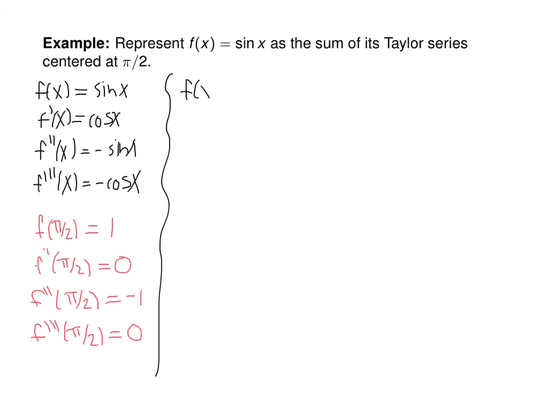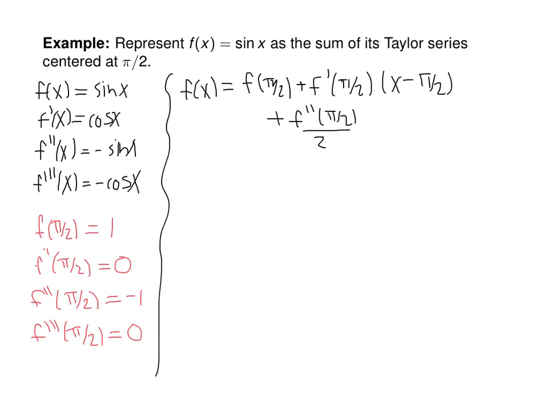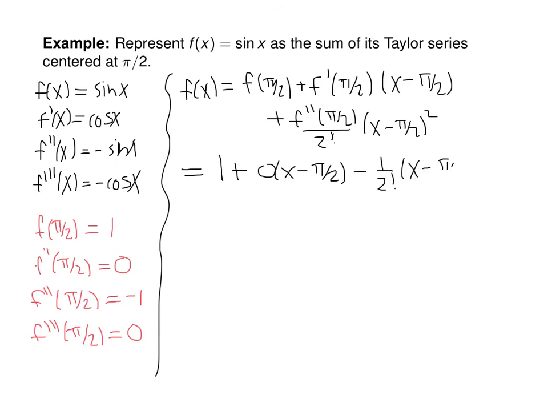So at pi halves, f of x would equal f of pi halves plus f prime of pi halves times x minus pi over 2 plus the second derivative at pi halves divided by 2 factorial multiplied by x minus pi over 2 squared, etc. So now all of the odd derivatives are 0. So we'll have 1 plus 0 times x minus pi halves, so that part goes away, minus 1 over 2 factorial, x minus pi over 2 squared.